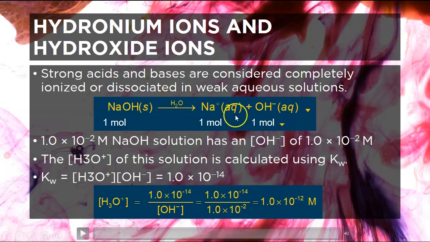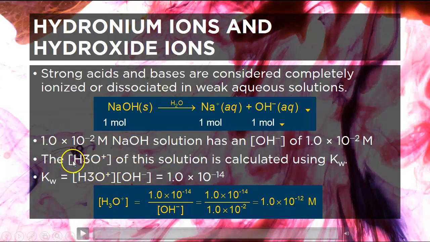So because we're getting a lot of those hydroxide ions, we're looking at a base because that's going to increase the concentration of hydroxide from 1 times 10 to the negative 7th. It's going to increase it to 1 times 10 to the negative 2nd if that's the concentration.